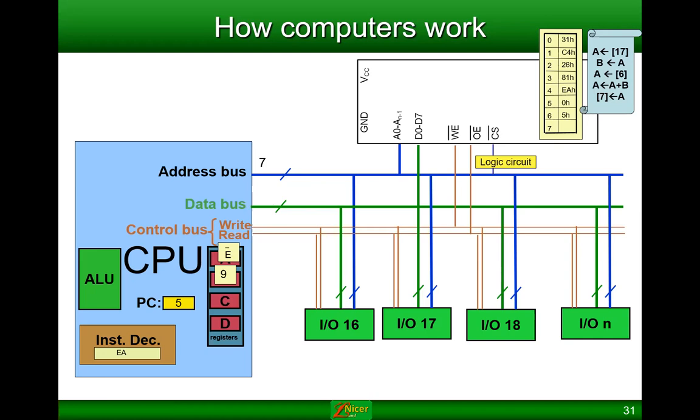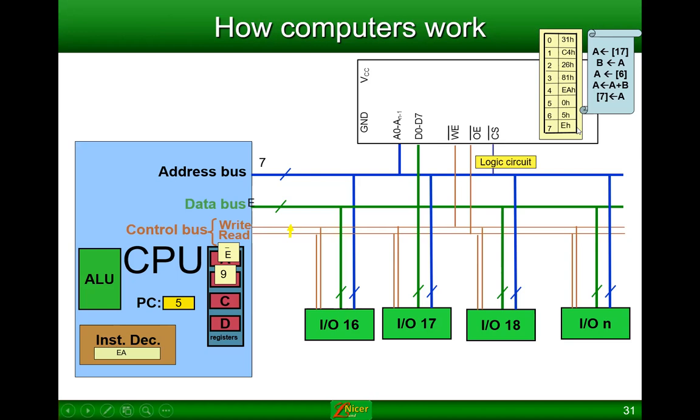So the value of A, which is E, which we got by using the ALU, will go through the data bus directly to 7. So we can see here the E came just in front of 7.